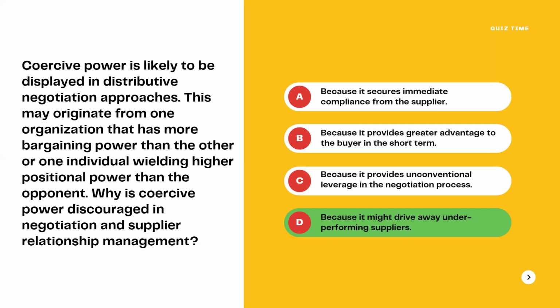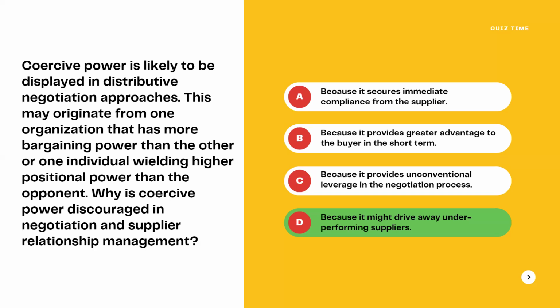So B is not correct, since it is still an advantage of coercive power. And I don't see it mention anything about the long run, so I'm not sure whether it provides any disadvantage in the long run.